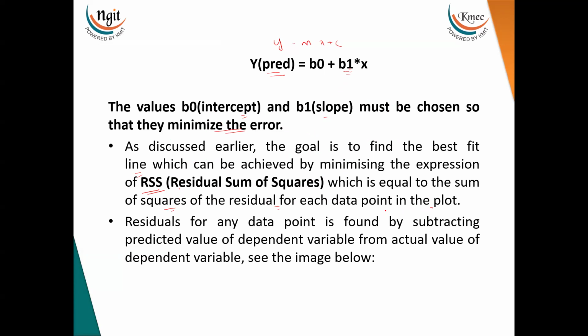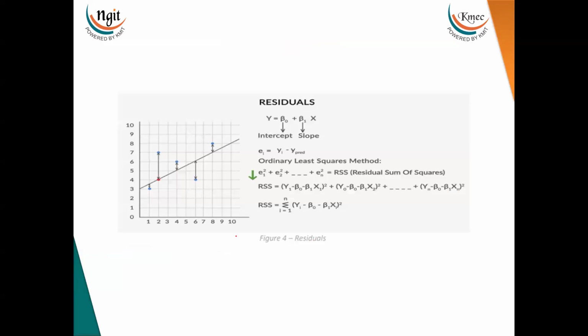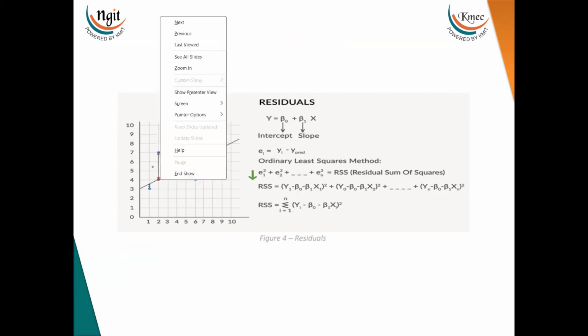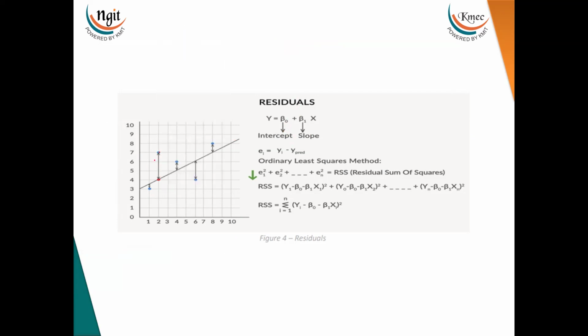A residual for any data point is found by subtracting the predicted value of the dependent variable from the actual value of the dependent variable. So when you see these residuals, this is the predicted value, that is the actual value, and the distance between them is the error we are going to find.